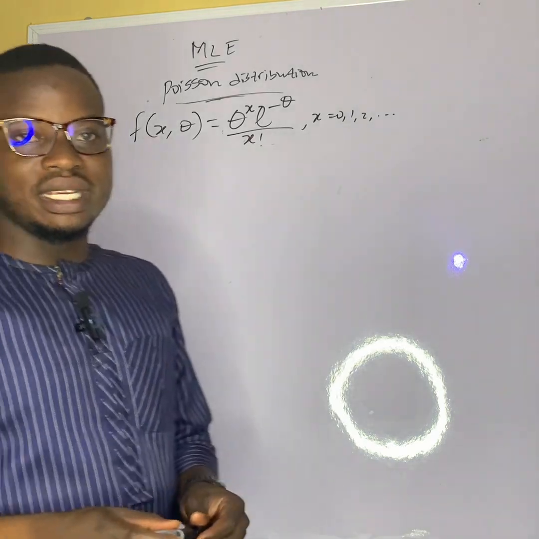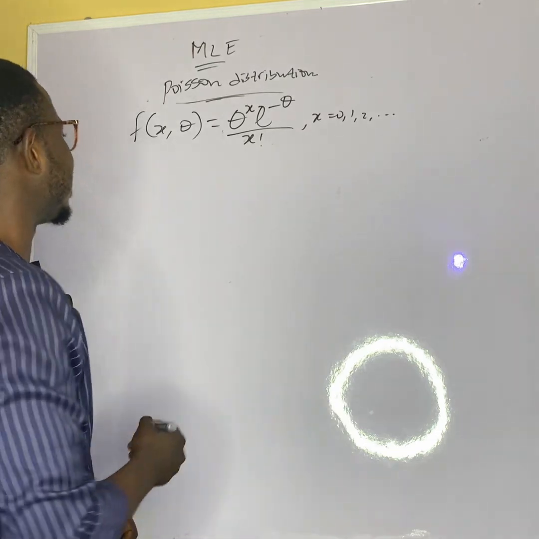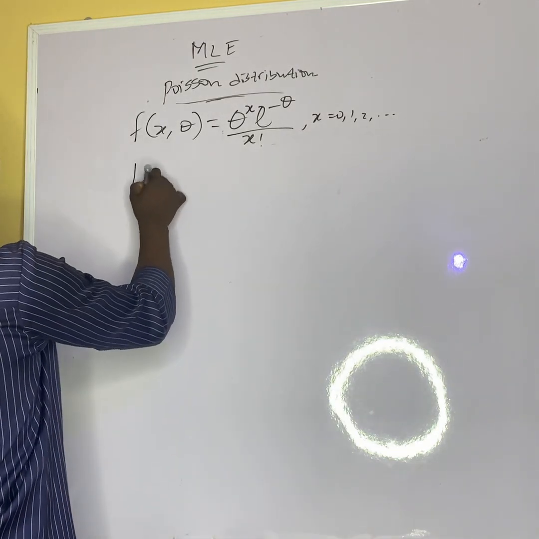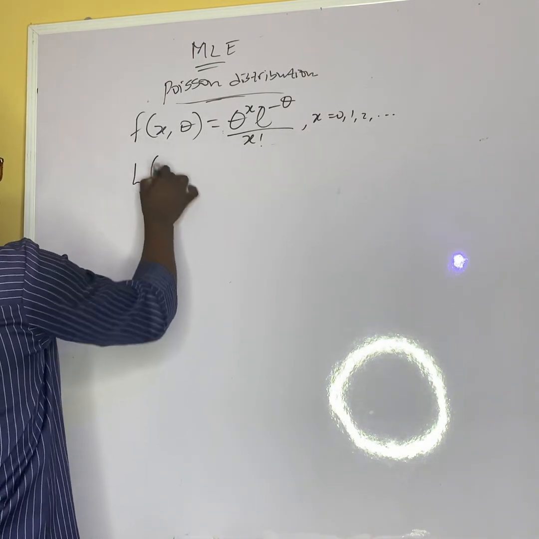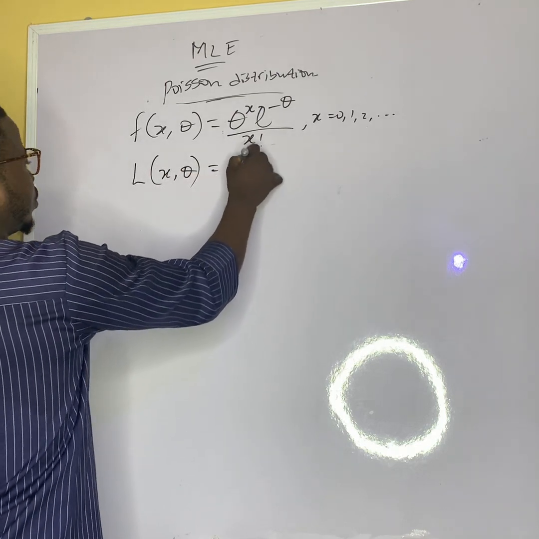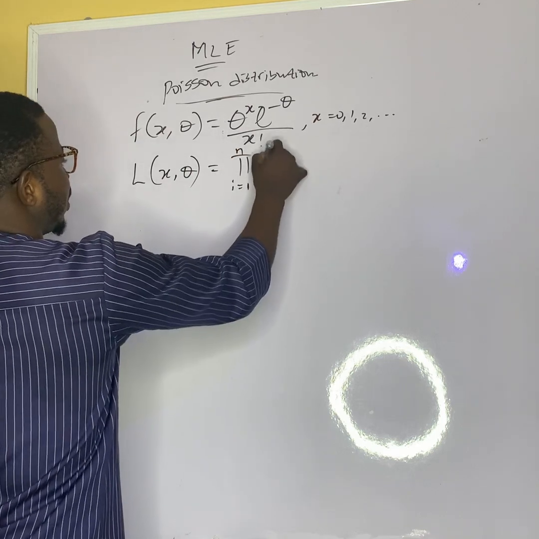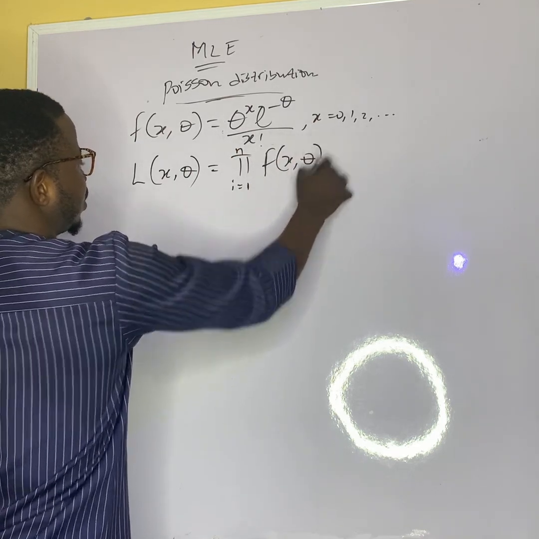To obtain the likelihood function of any particular distribution, it is given as L of x comma theta equals the product from i equals 1 up to n of f of x comma theta.